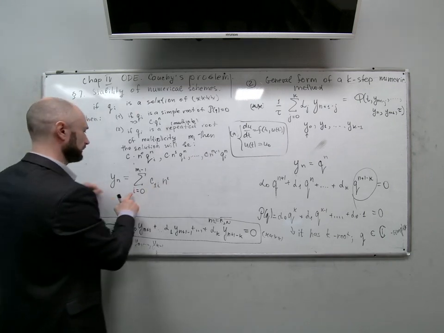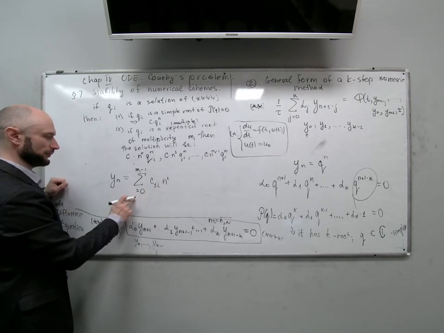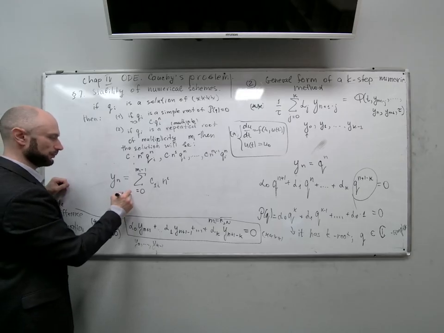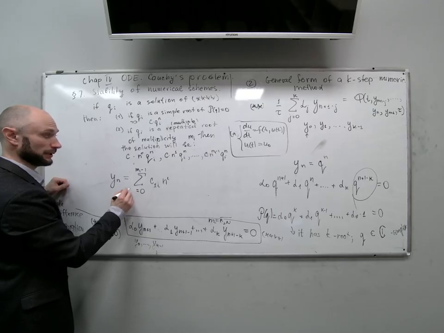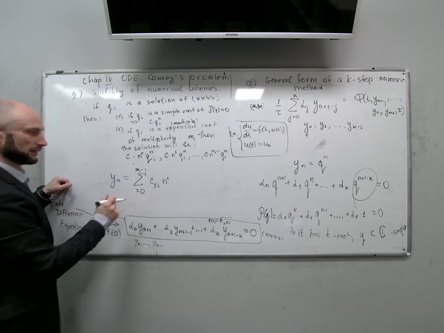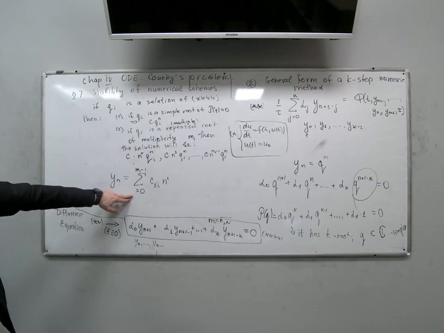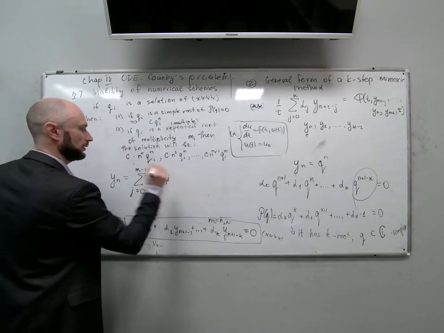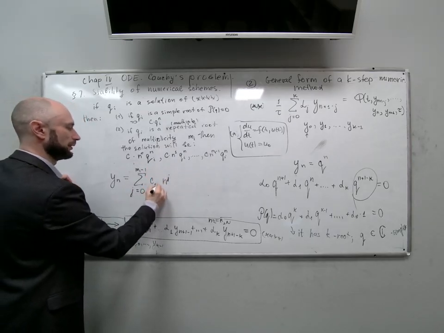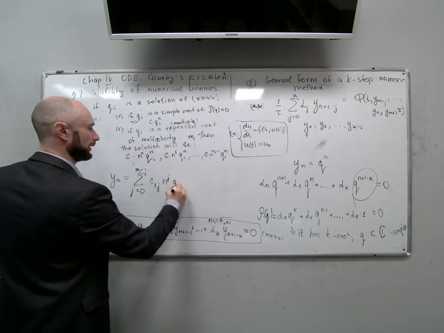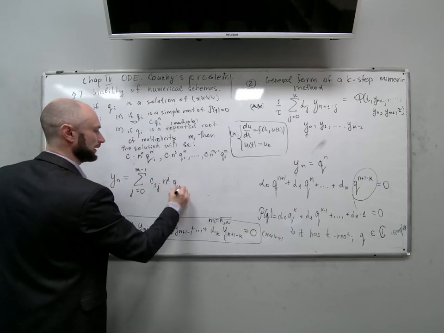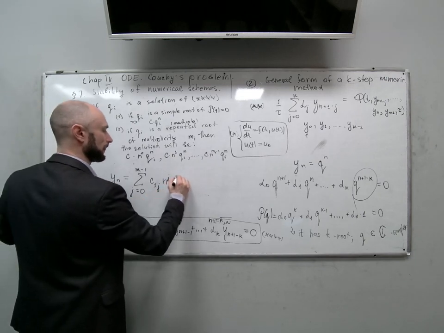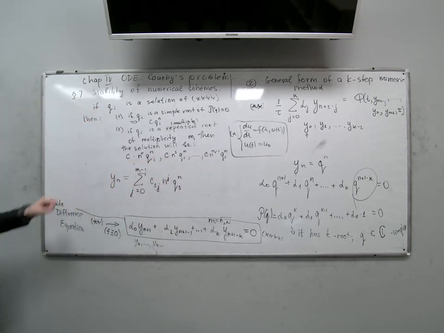Let me change the index here to avoid misunderstanding. So i, j, k, l, m. Which one do you like the most? J. Did I use j somewhere? Well, I can use j. Here and here and here. Then I keep this guy, just 1 to the power of n. Do you like this formula, Alexandra?